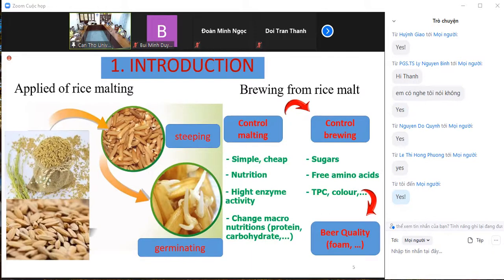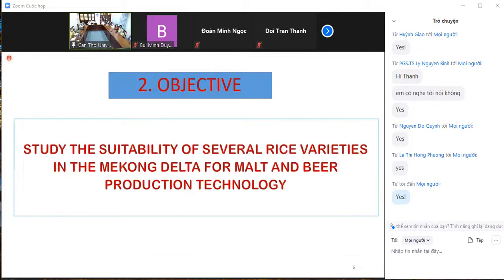We divided it into 3 steps to make malt and beer. The first is malting. After that, we control the mashing and the fermentation to make the beer completely, from dry malt.